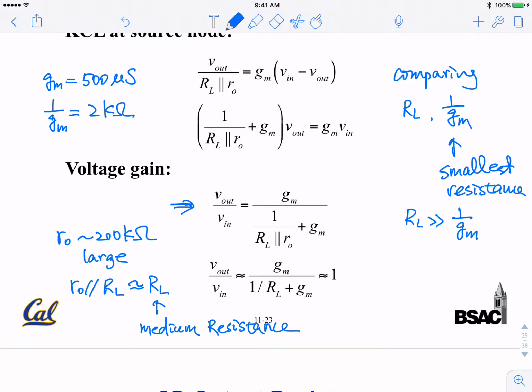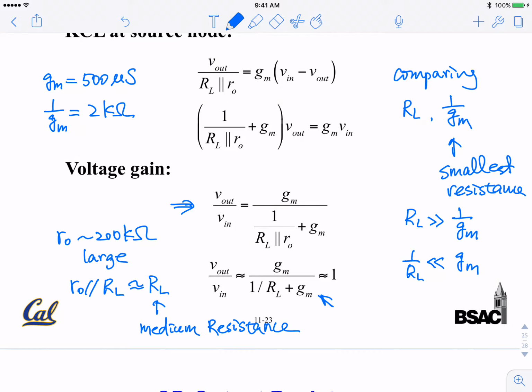Whenever we encounter 1 over gm, consider that as small. Therefore, 1 over RL should be much less than gm, since the inverse of the resistance is the opposite relationship. So in this voltage gain expression, it's almost 1. It's always smaller than 1, but almost 1, like 0.9 or 0.98, depending on the choice of RL.